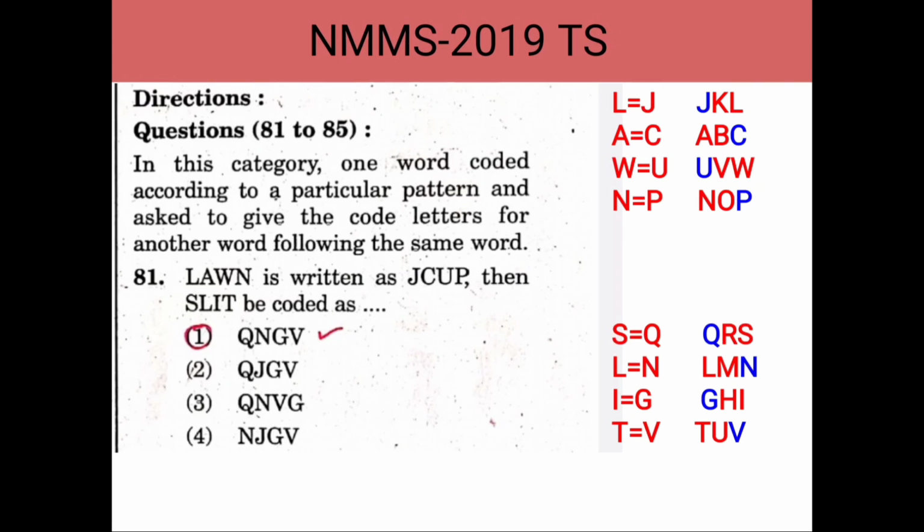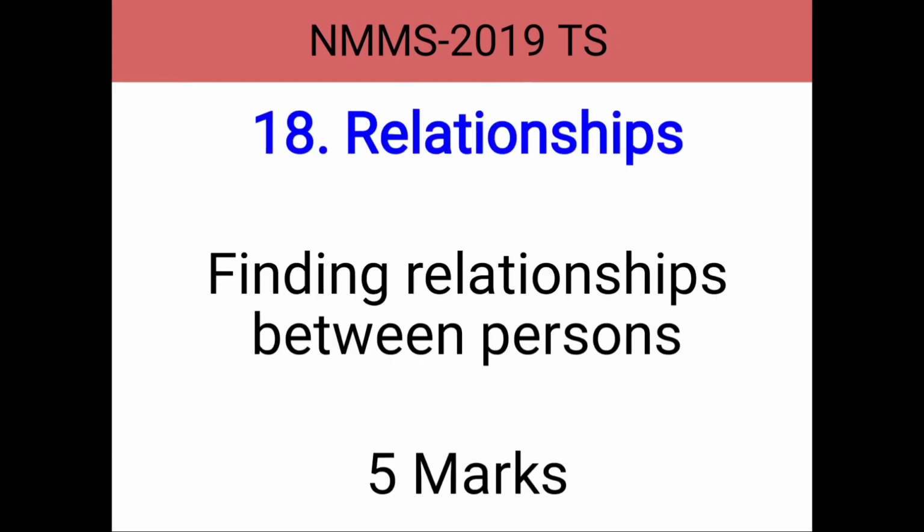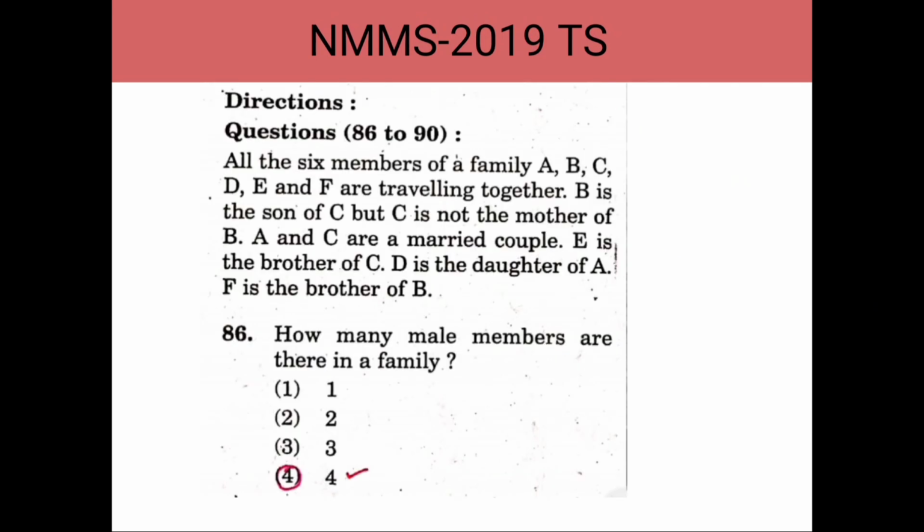And the last question is on relationships. This model carries you 5 marks. Finding relationships between persons given in the problem. For example, all the 6 members of a family A, B, C, D, E and F are traveling together. B is the son of C, but C is not the mother of B. A and C are a married couple.